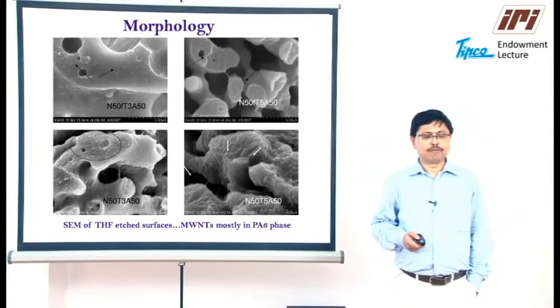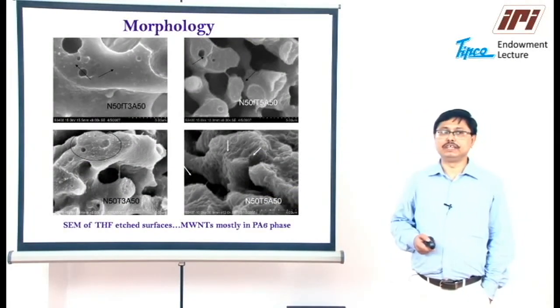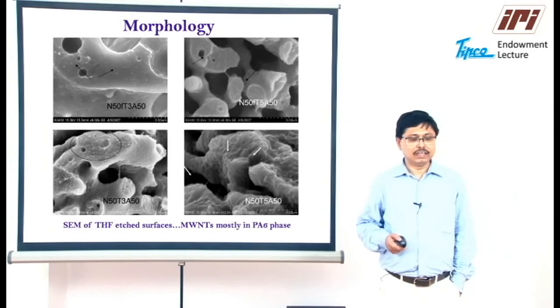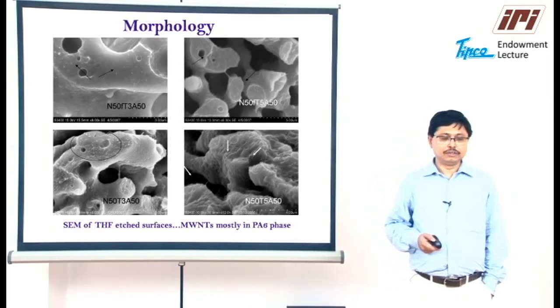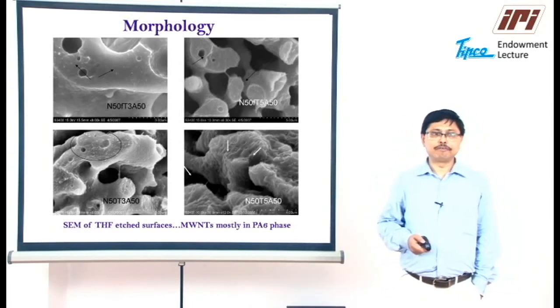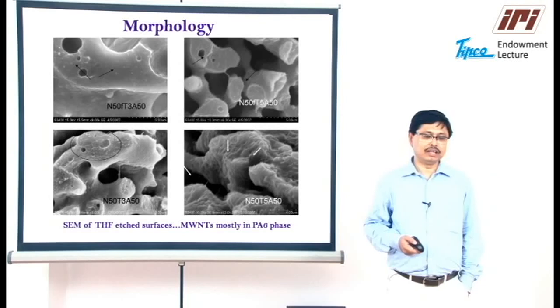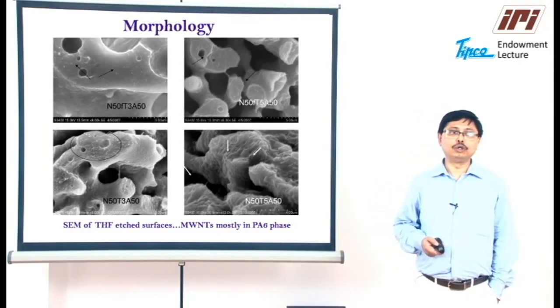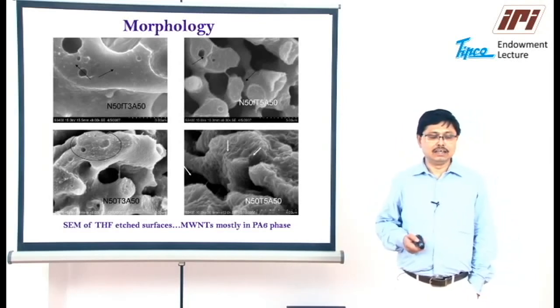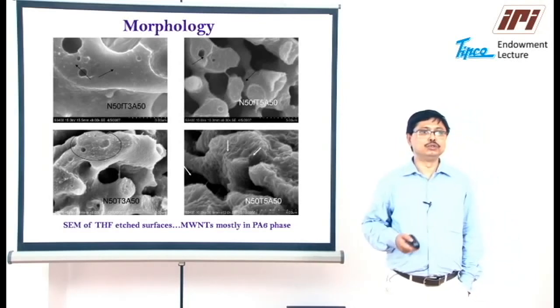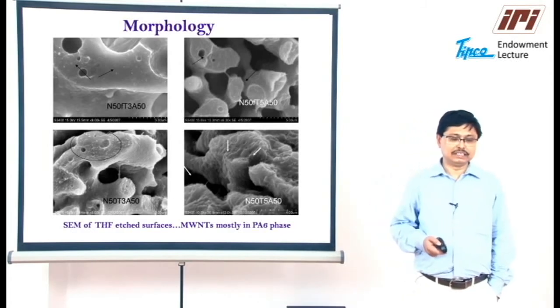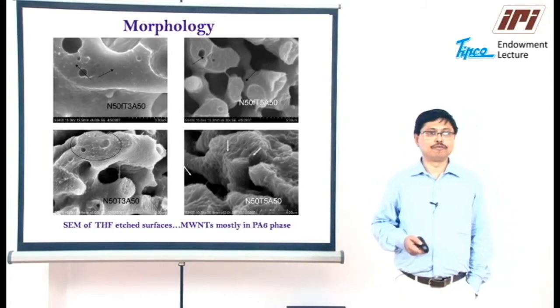When you look at the morphology of these materials, it is very interesting to see that even in the co-continuous structure, the nanotubes are seen preferentially, selectively in the polyamide 6 phase, and they are also seen to bridge between two ligaments of the polyamide 6 phase. A bead-like morphology is also developed on the nanotube surface.